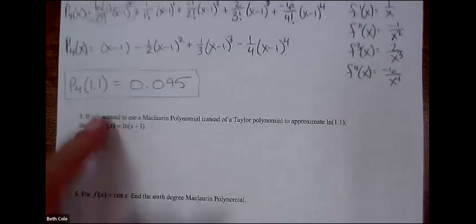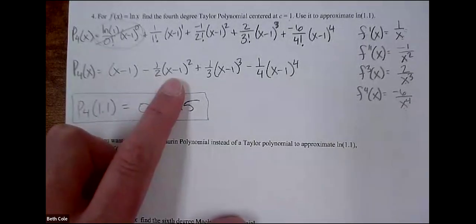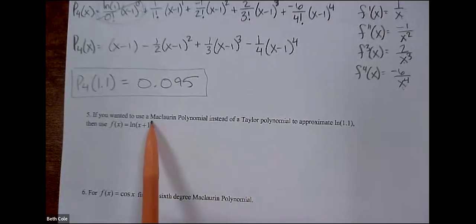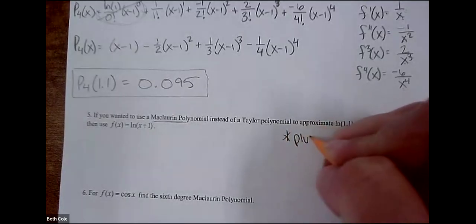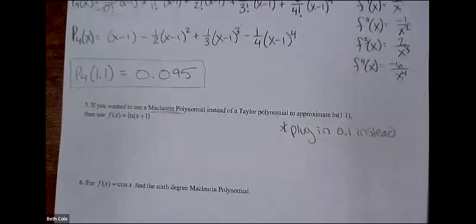All right. Did you notice how when I was typing that in the calculator, I had to keep on doing 1.1 minus 1 and 1.1 minus 1, which was a little bit annoying. If instead you wanted to use Maclaurin, which means centered at 0, then you would just plug in 0.1 instead, and it would be a little easier.